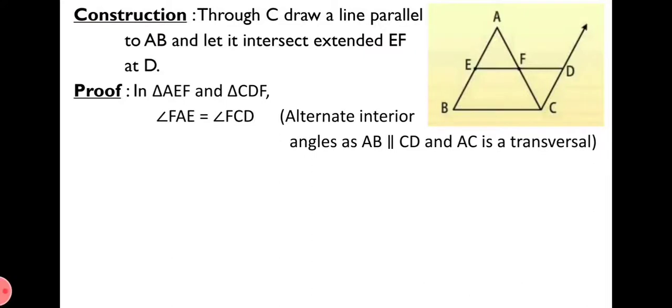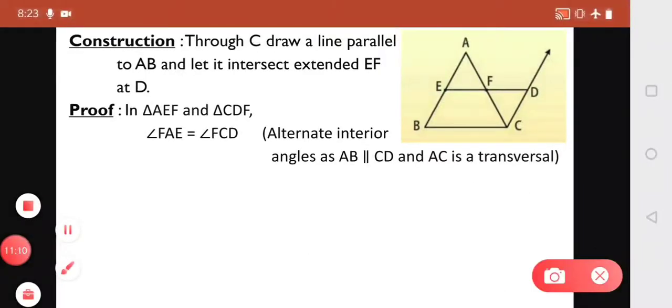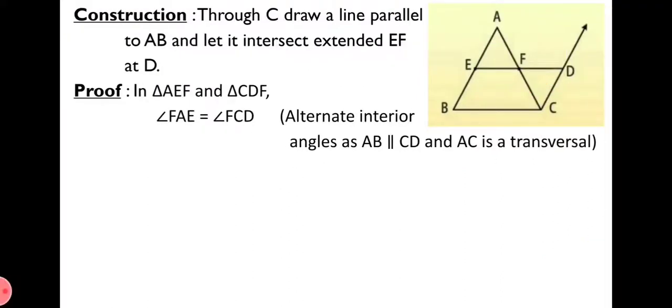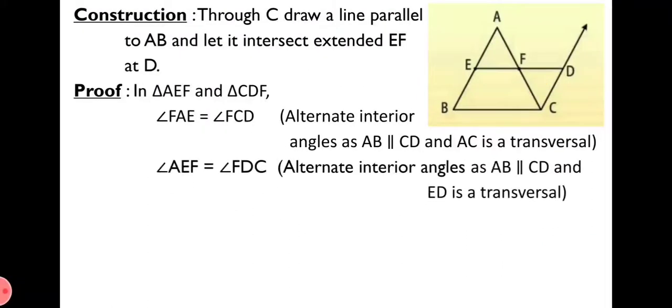Angle FAE equal to angle FCD, as they are an alternate interior angle pair, as AB is parallel to CD and AC is the transversal. Second equality is angle AEF equal to angle FDC.